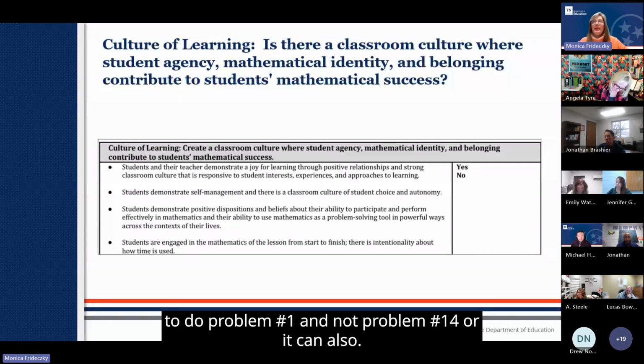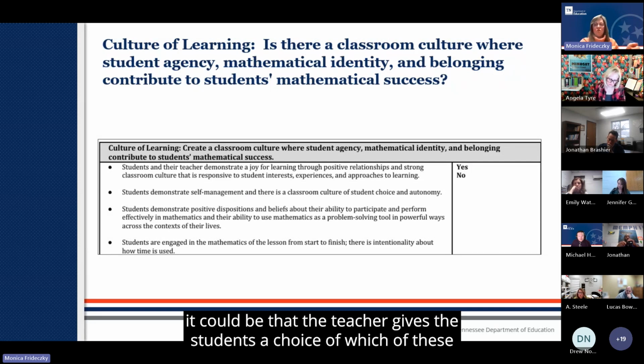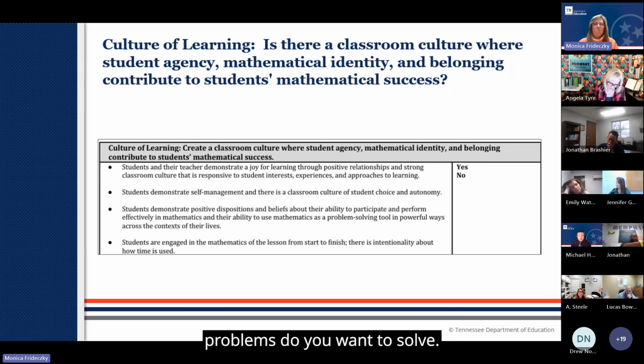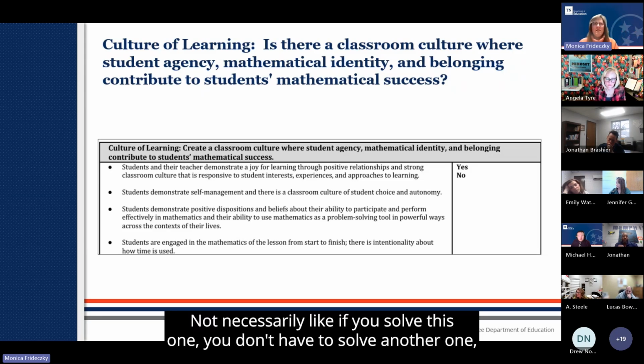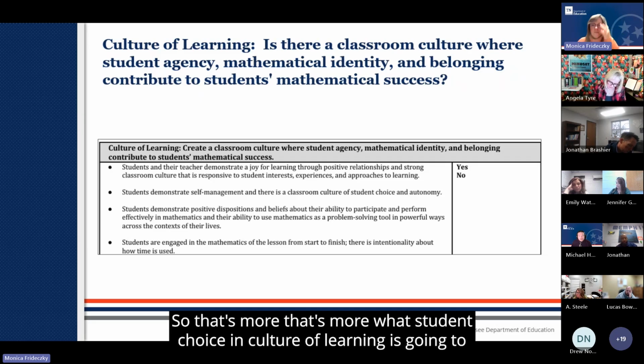Or it can also, in the case of choosing a problem to solve specifically, be that the teacher gives the students a choice of which of these problems they want to solve. Not necessarily that if you solve this one, you don't have to solve another one, but maybe I can choose which problem I want to share out about. So that's more what student choice in culture of learning is going to be like.